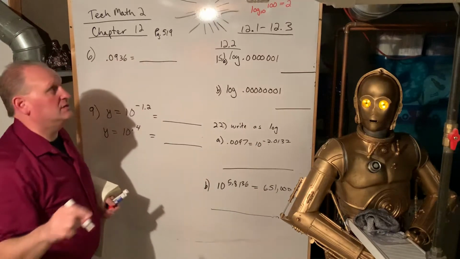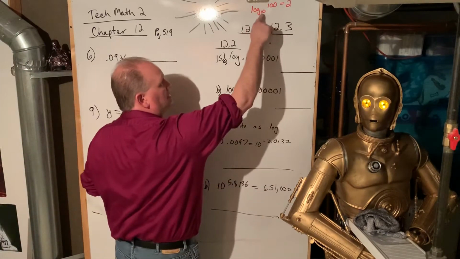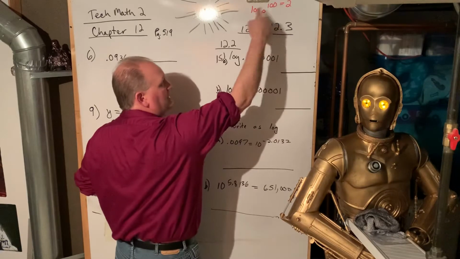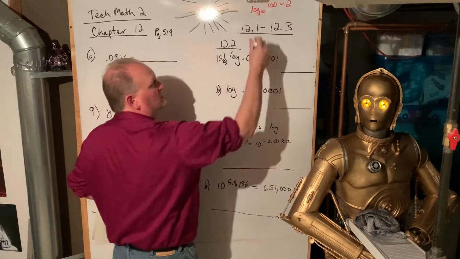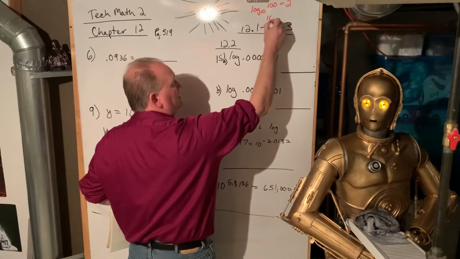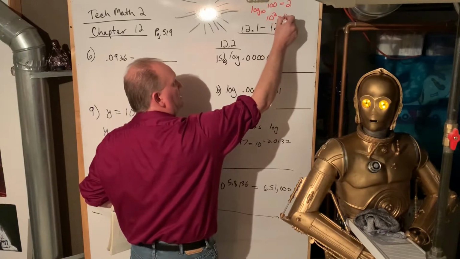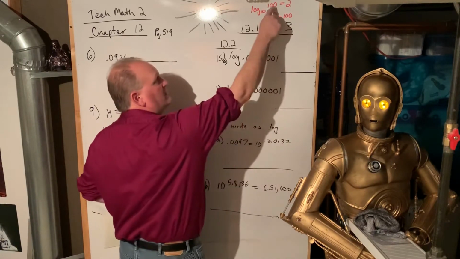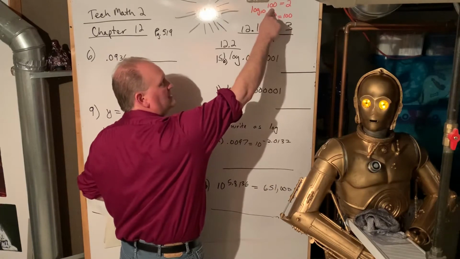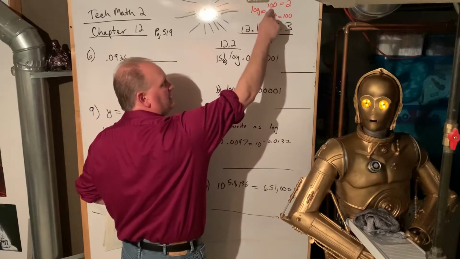In your calculators, when you just see the word log, that's log base 10. It's saying 10 to the second power is equal to 100. Whatever the number is after the log, they're asking, 10 to what power gives me this?